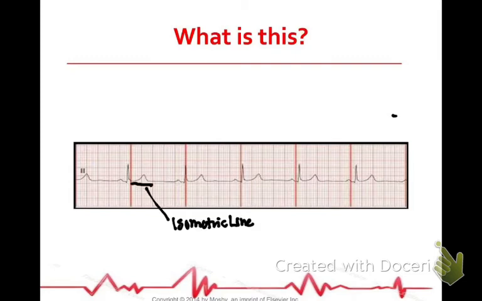You see the isoelectric line? See how it's elevated a little above it? I have it drawn. So you've got ST elevation. It's not elevated much, but it is a little.